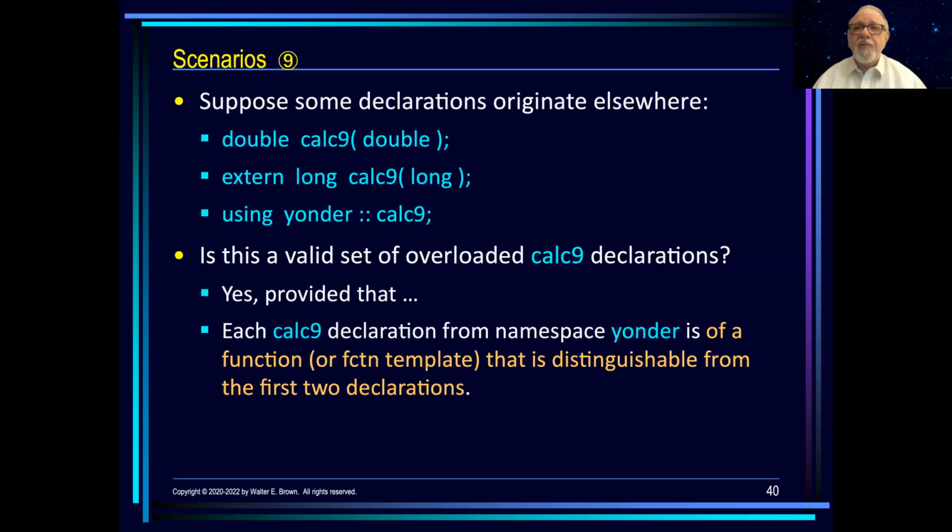Remember, it's only an overload set if all declarations are distinguishable. In my experience, I haven't had to do something like this very often, but there are rules that cover this scenario. We have more.